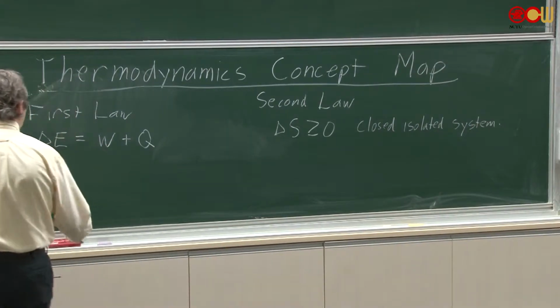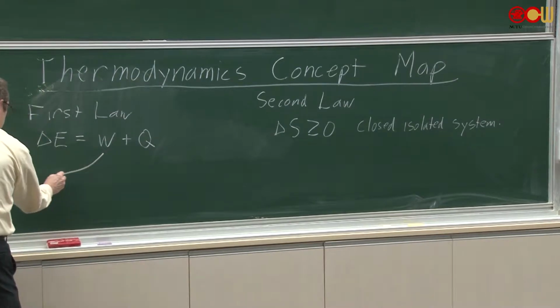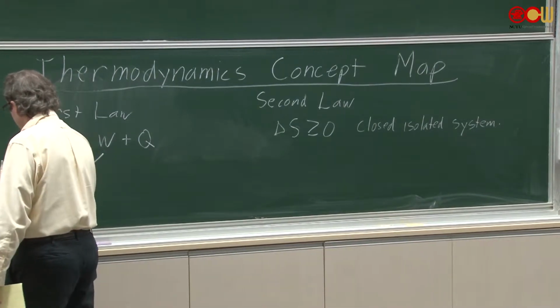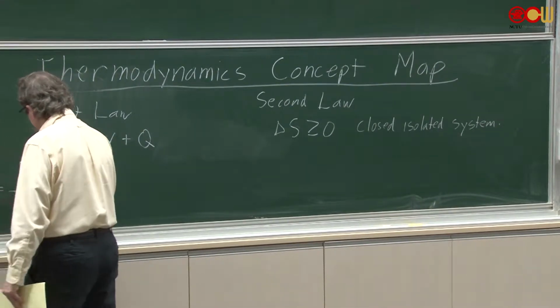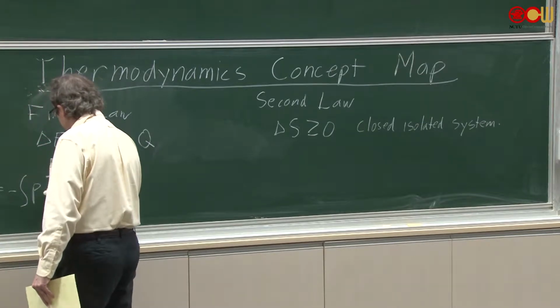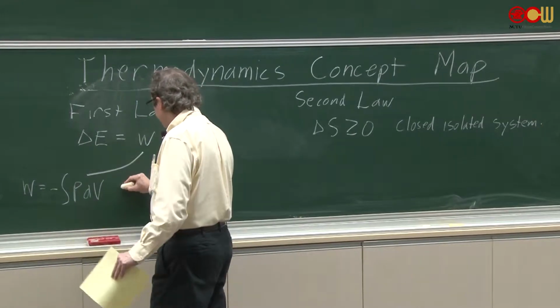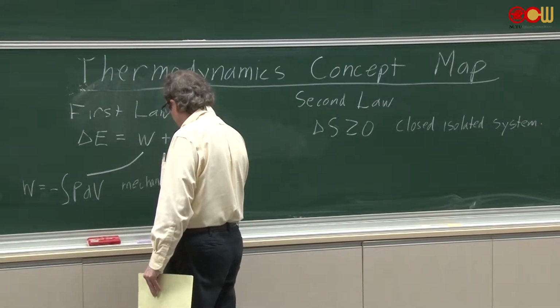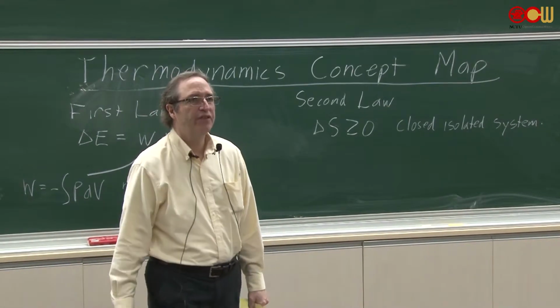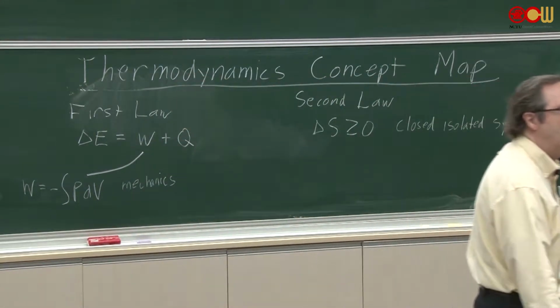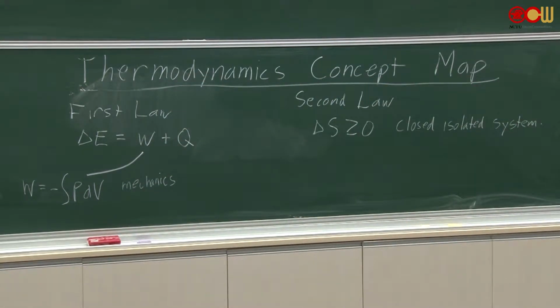And we worked out what W was. W is equal to minus the integral of P dV, and that comes from mechanics. So that's a basic result that we get from classical mechanics. That's how we derived that.